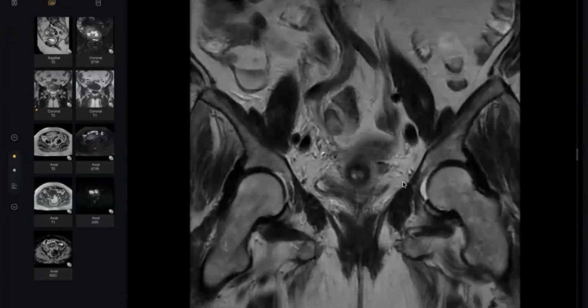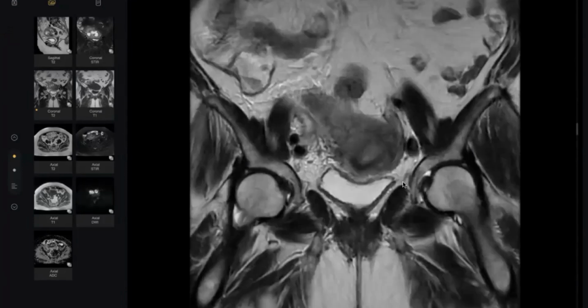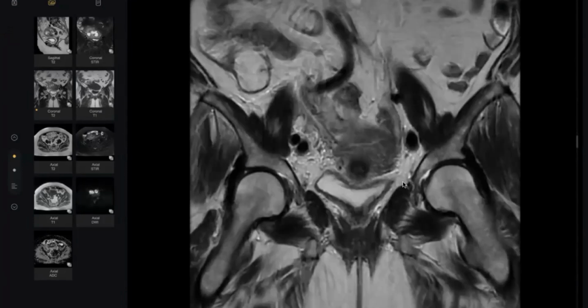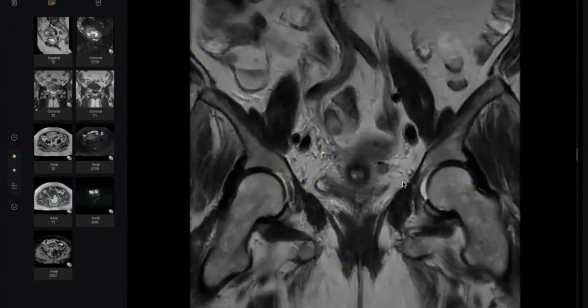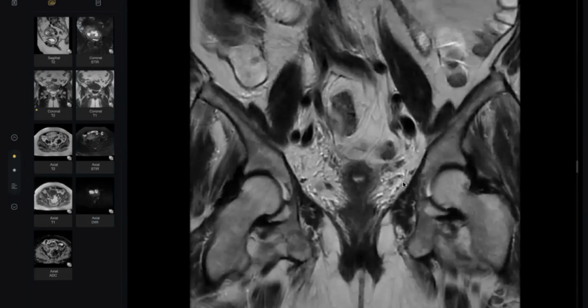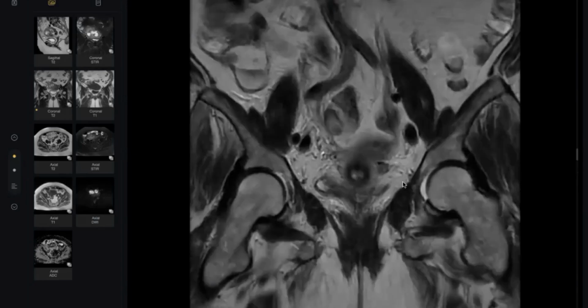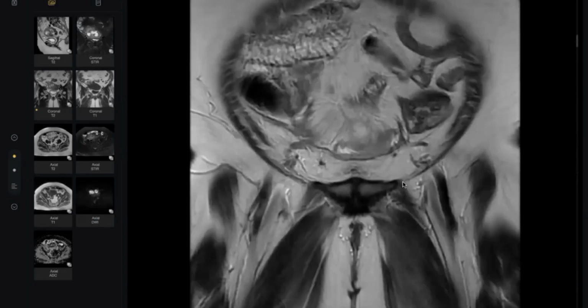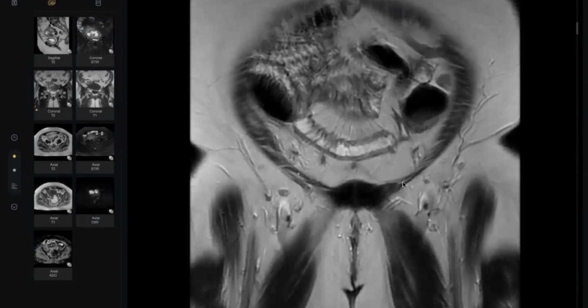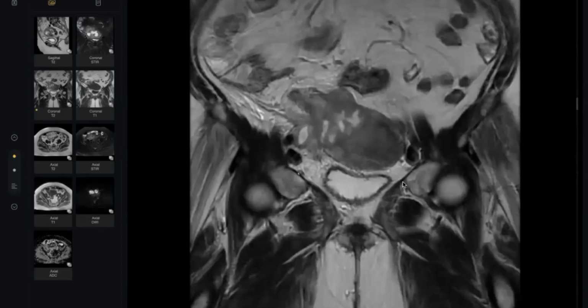These are T2 weighted MR images of the lower abdomen and pelvis. First, I will scroll the whole of the image, then I will tell the pathology.